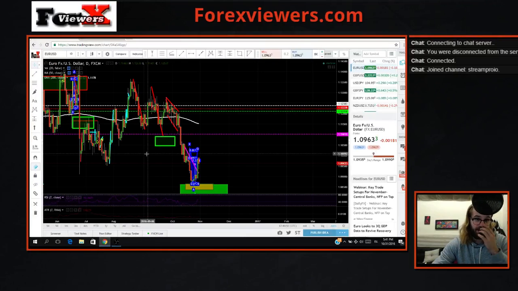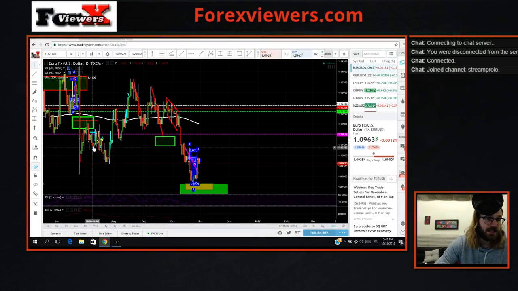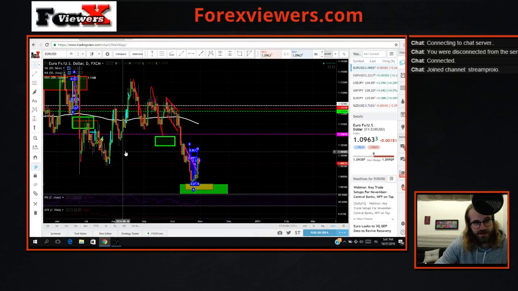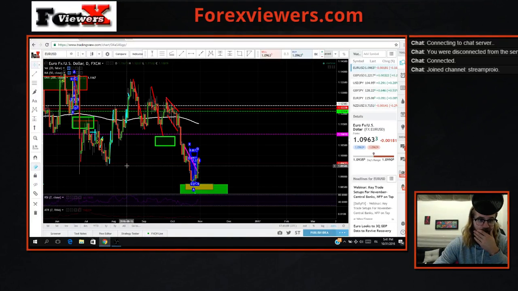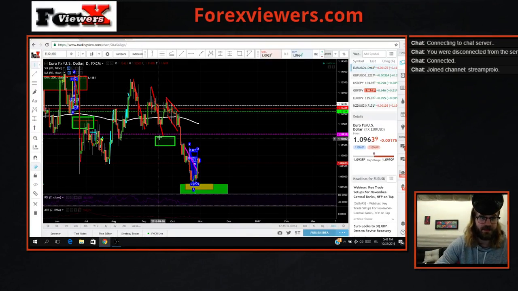There are different ways to do it. I like to draw in the boxes using the wicks as well. Sometimes when you do that, your boxes will be quite large, but like I said, you can do it on a smaller time frame, narrow it down, make it more clear.